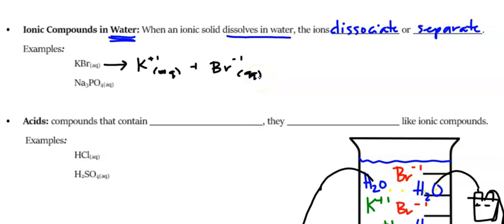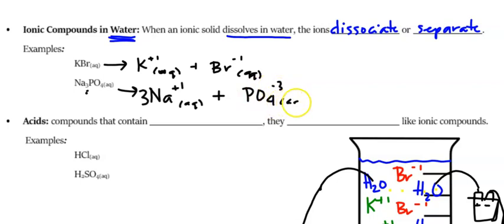Okay, so something like Na3PO4, sodium is the metal. Sodium becomes a +1. It's aqueous, but notice there's 3 of them. So there's 3 sodiums for every 1 phosphate ion. It's a -3. But these would also conduct electricity.